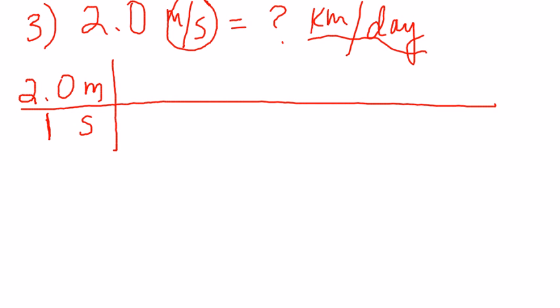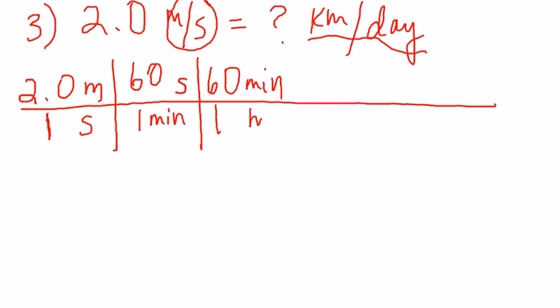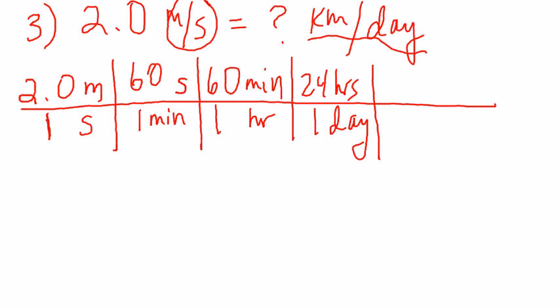Let's convert seconds to days first. So I know that there are 60 seconds in 1 minute, and I know that there are 60 minutes in 1 hour, and I know that there are 24 hours in 1 day. If I cancel my units, I notice that all of my time units cancel except for days on the bottom.